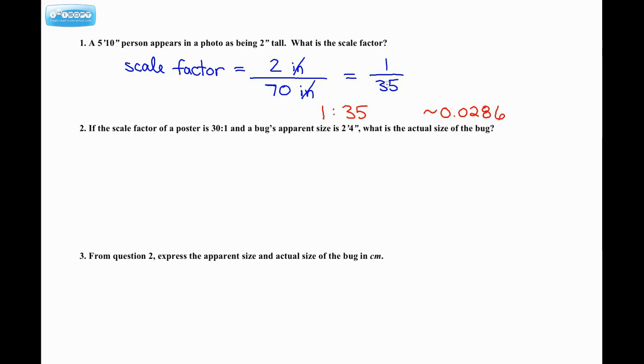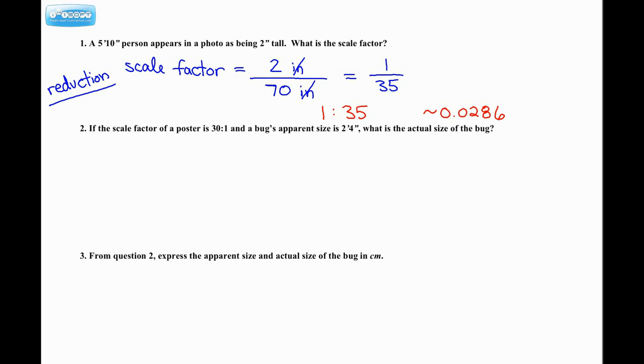Given a choice, I would say one of these two numbers is better, but either is fine if it doesn't say. So that's the scale factor, and obviously this is a reduction because the size within the photo is much smaller than real life.